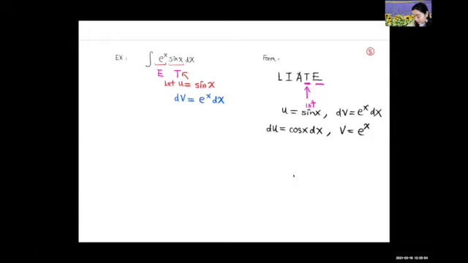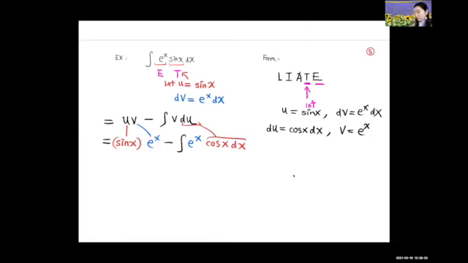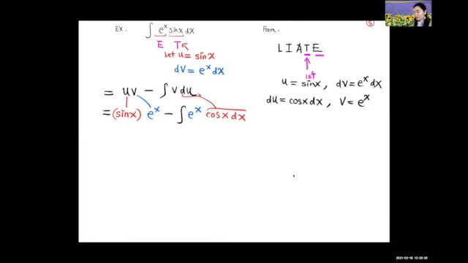Now, according to the integration by parts formula, this will be uv minus the integral of v du. Now we just substitute. u is sin x, v is e to the x, minus the integral of v, which is e to the x, times du, which is cosine x dx.